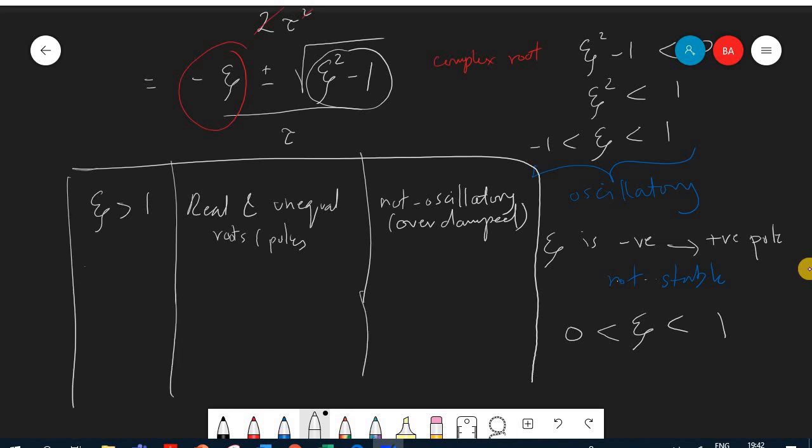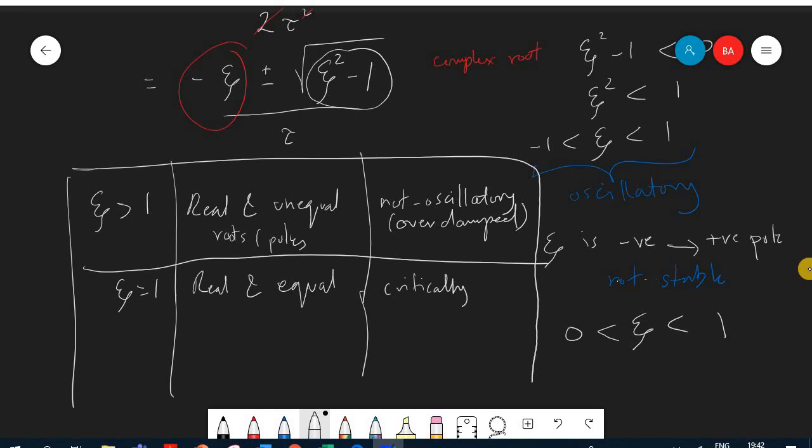What other conclusion? Now, if xi is equal to 1, the square root will be the square root of 1 minus 1, which is 0, and then the answer is minus xi over tau. So I will have real roots. However, these real roots are going to be equal, and we call this critically damped.